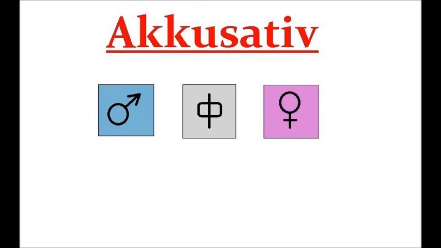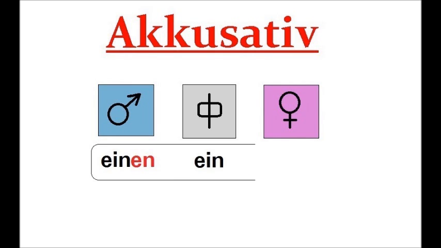For the object case, the male article is einen. And the rest is the same as the subject case. Do you see a similarity between the indefinite and definite article? Right. Only the male article is different, and both end in en. And I'm sure you will see more similarities when we look at the receiver case.